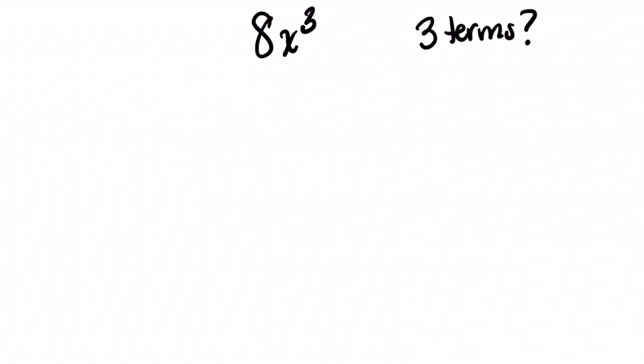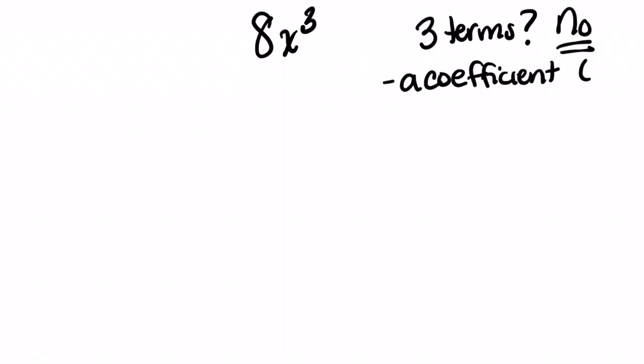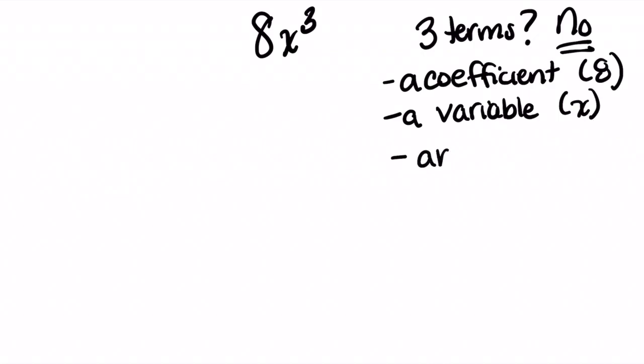Well, more than likely it is because she saw three different things here. She saw an 8, she saw an x, and she saw a 3 at the side. So no, there are not 3 terms. However, there is a coefficient, which was 8, a variable, which was x, and in this case, an exponent, which was 3.